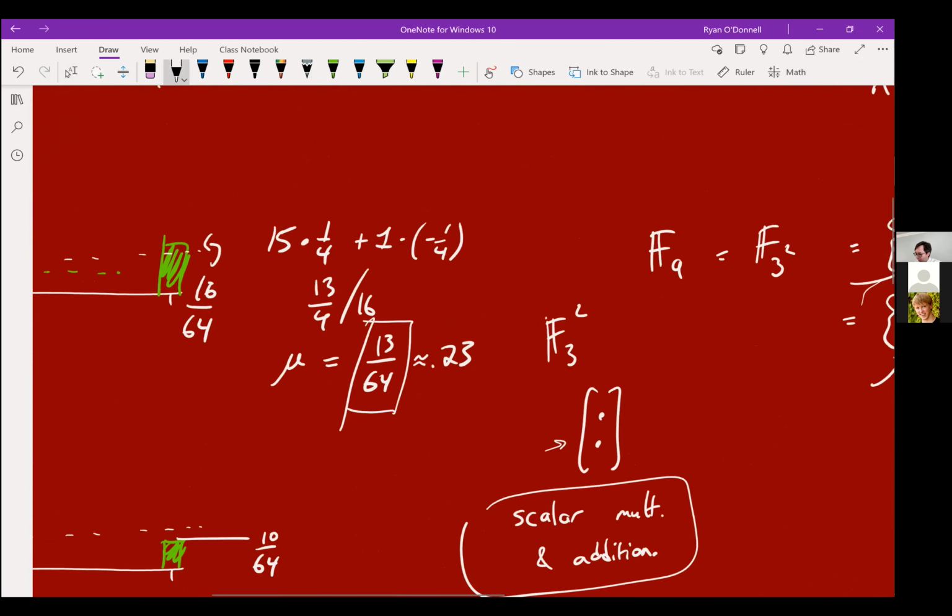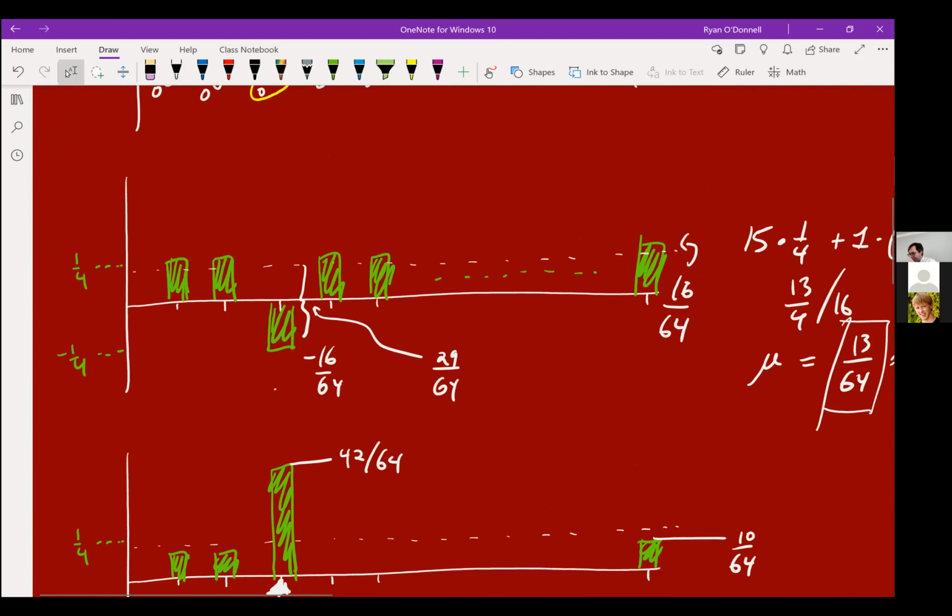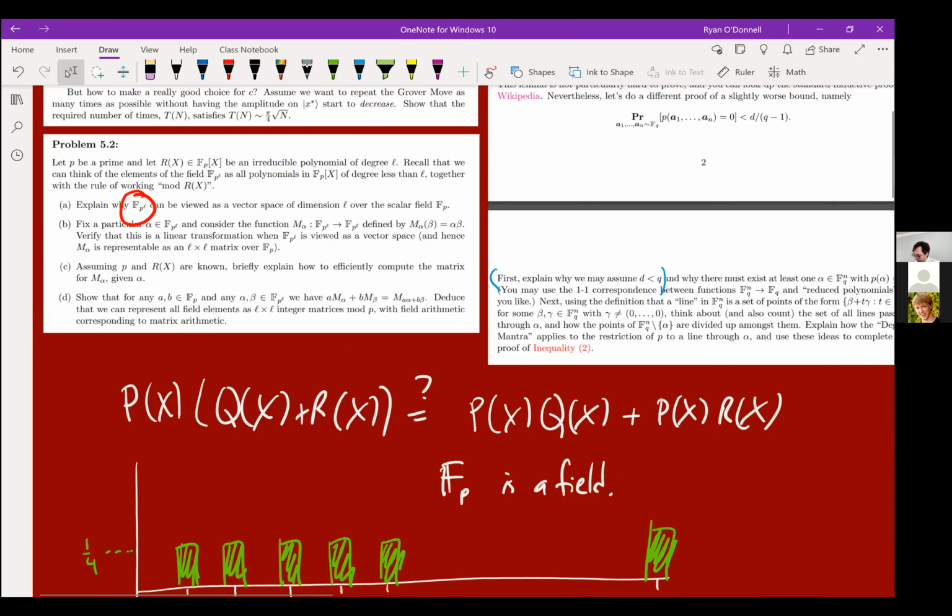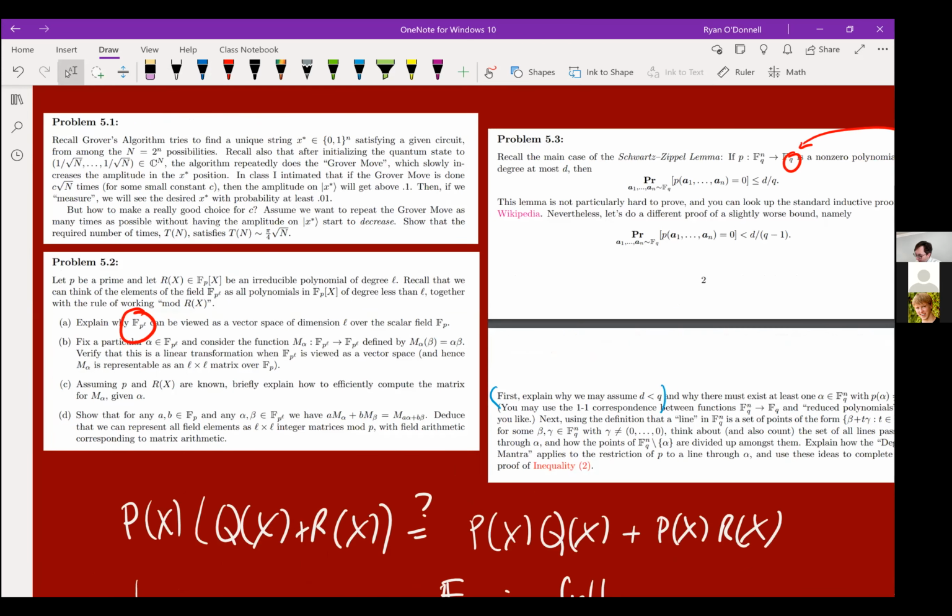Yeah, so I just wanted to make sure that you all were in the right frame of mind for the subsequent questions. Because it's a little bit funny, it's asking you to think about something: sometimes we think about F_q as just a set of numbers, and we forget a little bit about how we get these numbers.